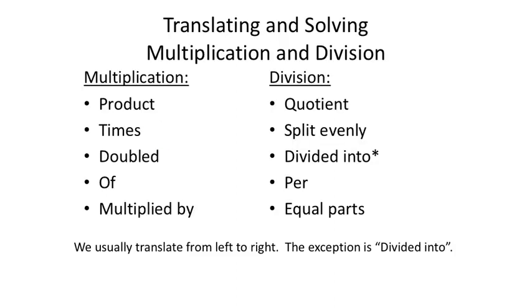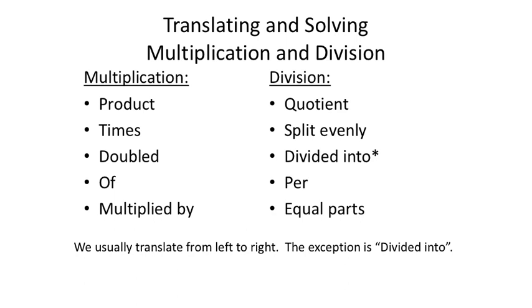Here it is, right? So words. We have to be able to translate these word problems into some kind of multiplication or division problem, and then if it tells us to, we'll evaluate it. Divided into generally changes the order.